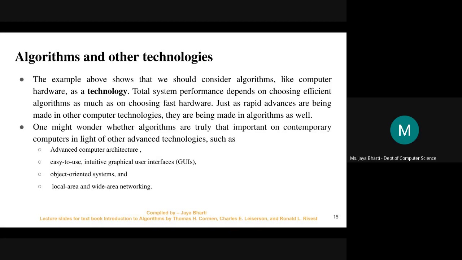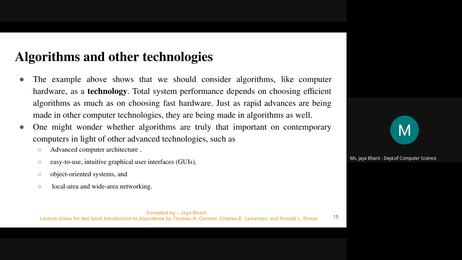As in the previous example, we should consider algorithms like computer hardware, as a technology. Why are we saying this? Because suppose you want to run an algorithm in a short time, you need to select efficient hardware also.